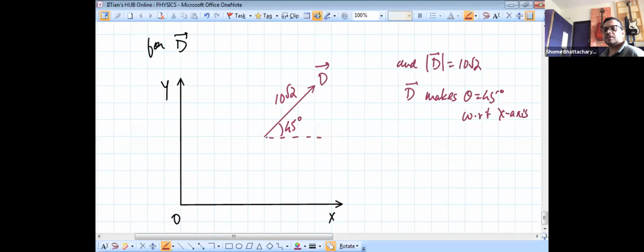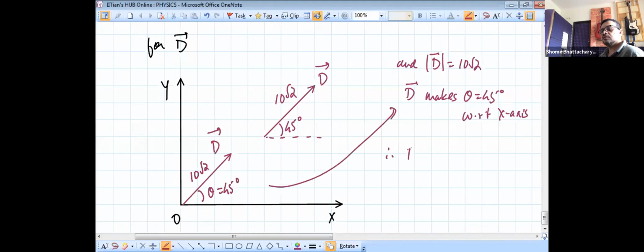So basically, I can pick up this vector and place it here also. Nothing changes. It's the same vector. If I place the vector D at the origin, it will look like this, and this angle will be 45 degrees, because here this angle is 45. That is what it is. So that's why D's x component will be 10 root 2 into cos 45.